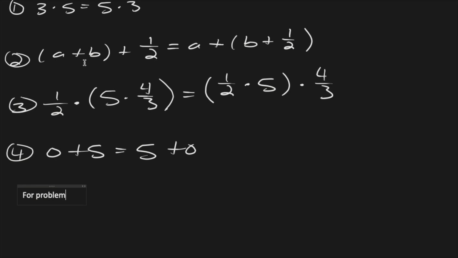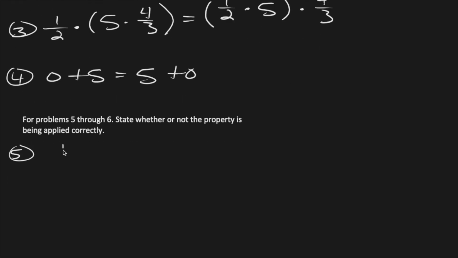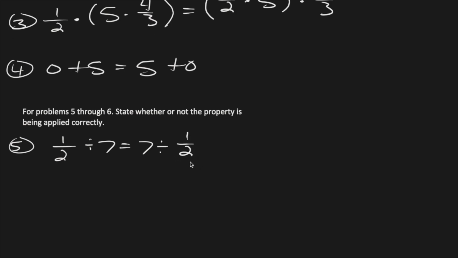Now, for problems 5 through 6, state whether or not the property is being applied correctly. 5, 1 over 2 divided by 7 is equal to 7 divided by 1 over 2. If you were to use the associative property for this, has it been done correctly?